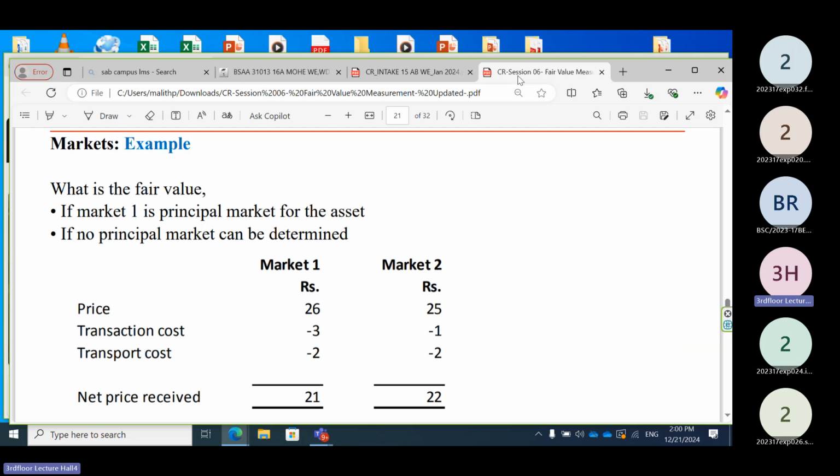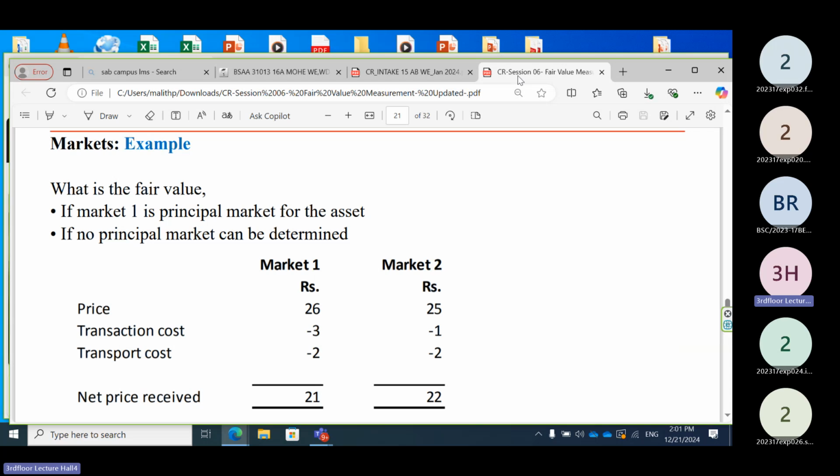Price 26. Transaction cost, yes, we get it from that market. So we assume that we are doing most of the transactions in the principal market. If you are having a principal market, right? Principal market means we have a presumption, right?